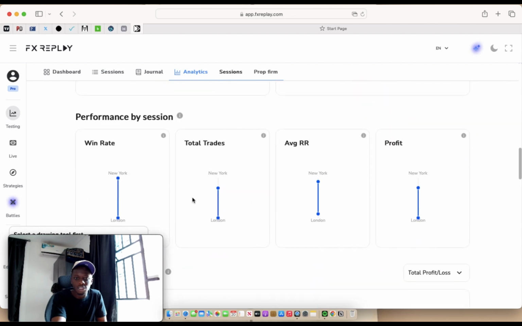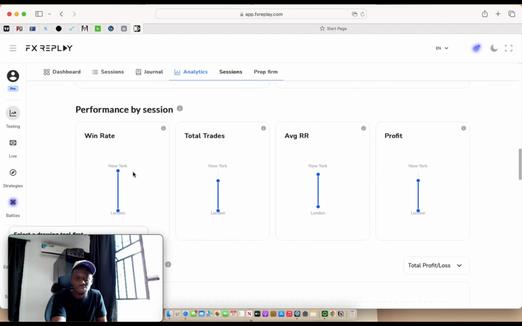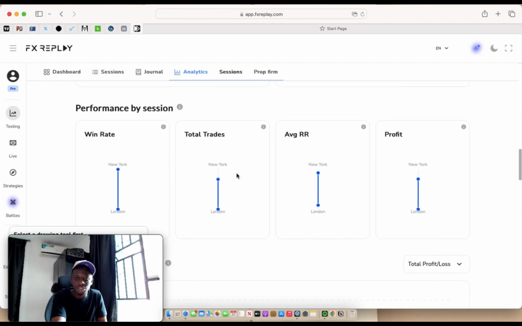Performance by session. Okay. Win rate. London and New York. Total trades for New York. Average risk reward, New York 2.6. Profits 4.6, New York.